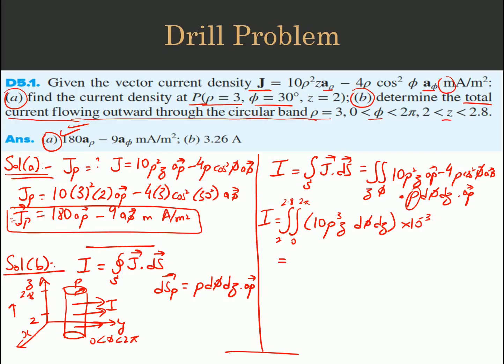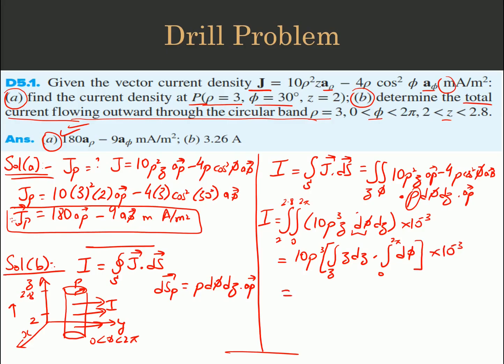Now we further integrate it. 10 is a coefficient and will come out with rho cube as well, so it is going to be 10 rho cube. First I'll put the limits so it becomes easy for you: for z it will be z dz, and for the rest it will be 0 to 2 pi d phi, and don't forget 10 raised to the power minus 3.